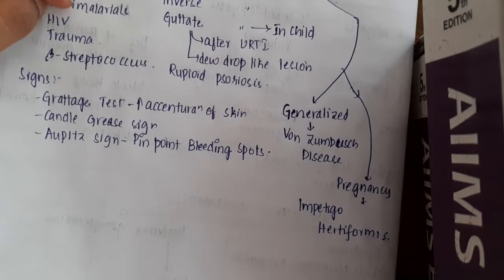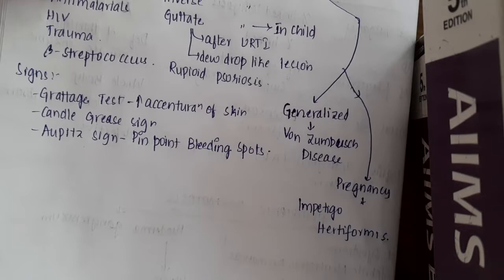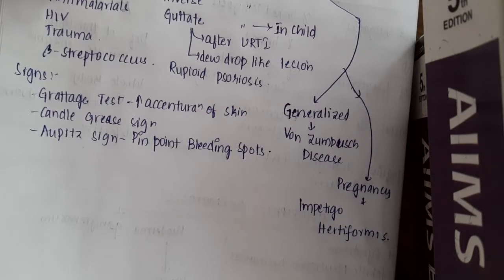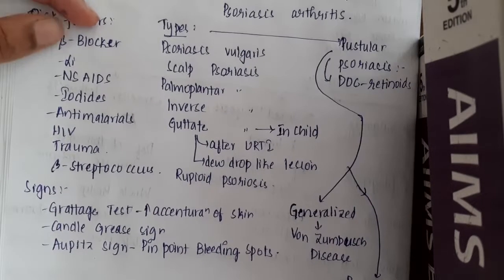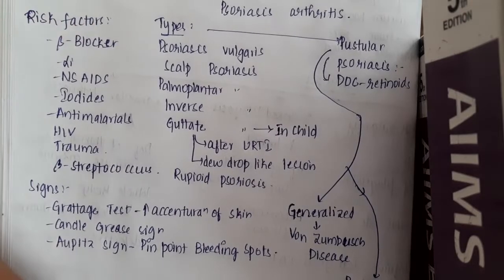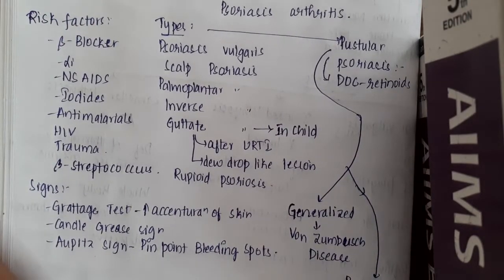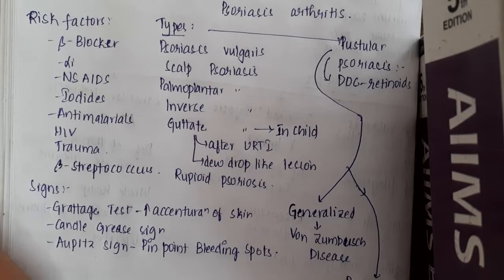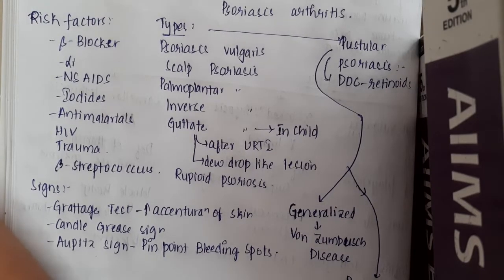Now what is the treatment you can give? Corticosteroids, keratolytic agents, vitamin D analogs, topical retinoids, all these can be given. In systemic treatment, we can use immunosuppressive drugs like methotrexate, cyclosporin, acitretin.